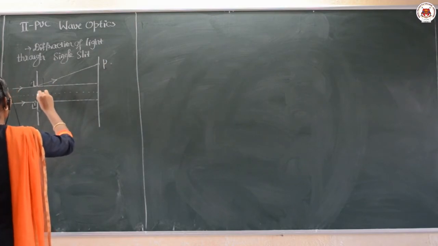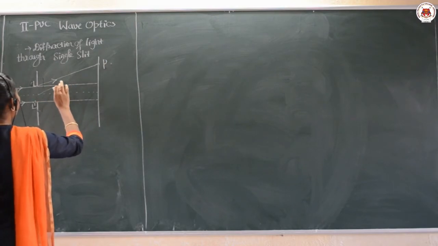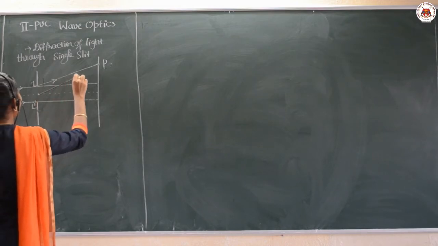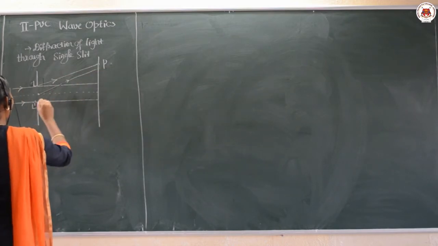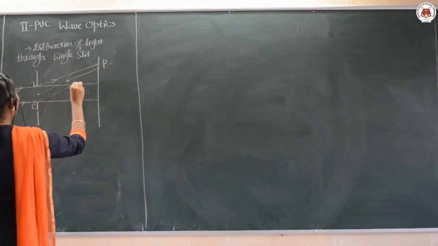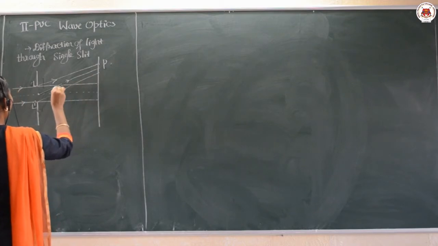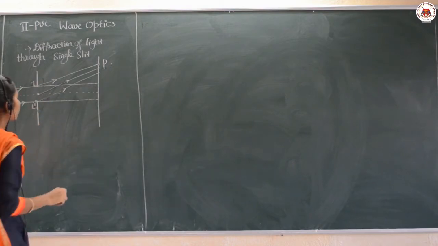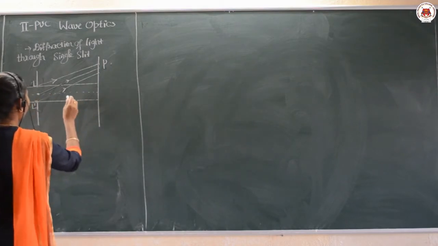That means where they may meet from every point from the slit. See dear student, during the discussion of the diffraction of the light, here the Huygens wave principle is also applicable.